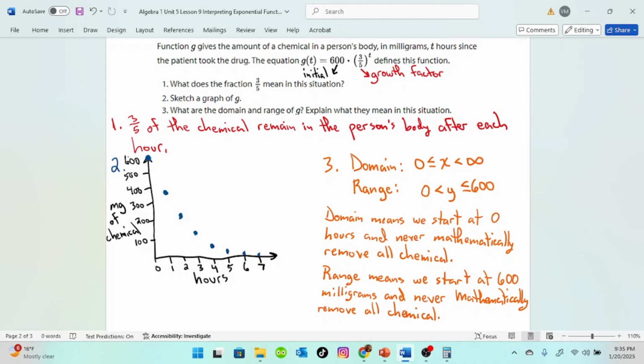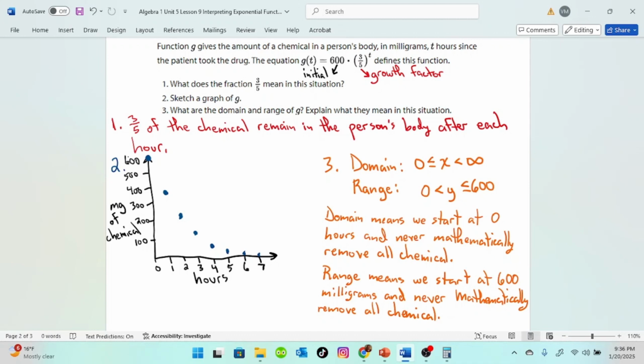And this again is one of those situations where there is a difference between what is correct mathematically and what is correct logically and reality based. In reality, we would eventually say that this chemical was no longer in our body.